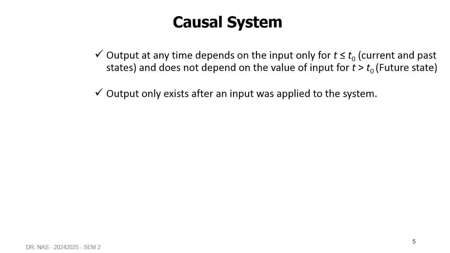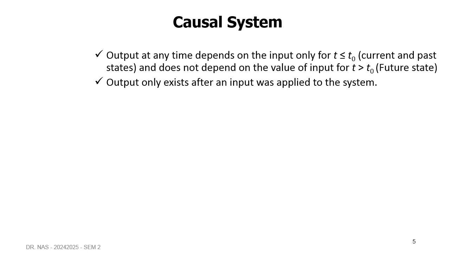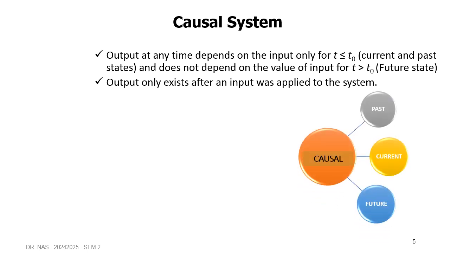Okay, let's start with the first system classification, which is the causal or non-causal system. A system is said to be causal when the output of the system at any time depends only on the input when t is less than or equal to t0. T0 means the current state. And it does not depend on the input for t larger than the current state t0.